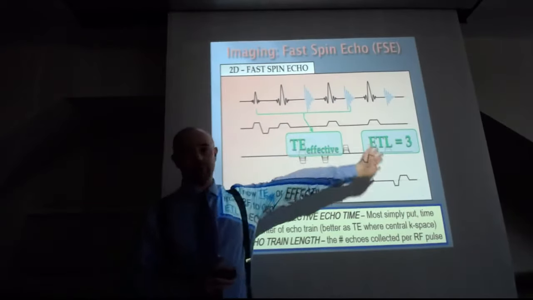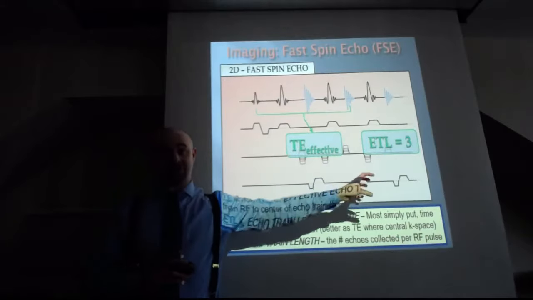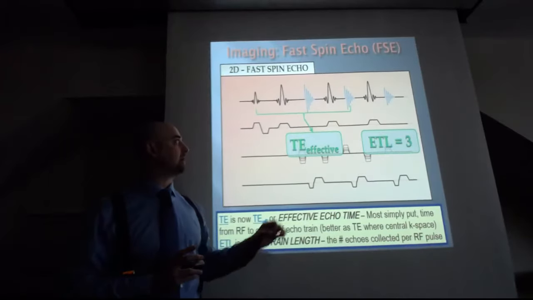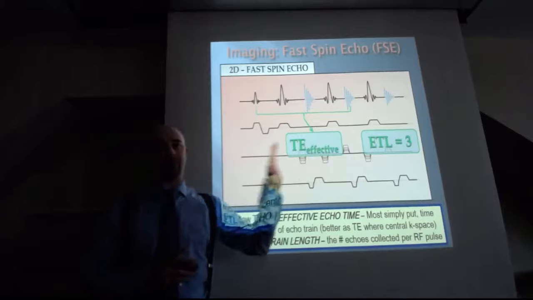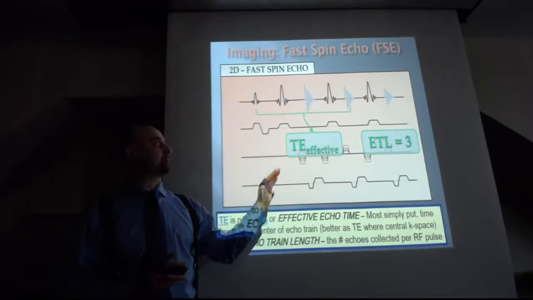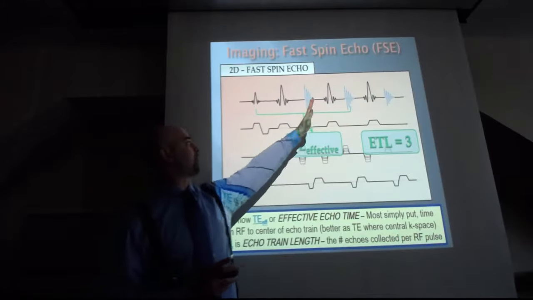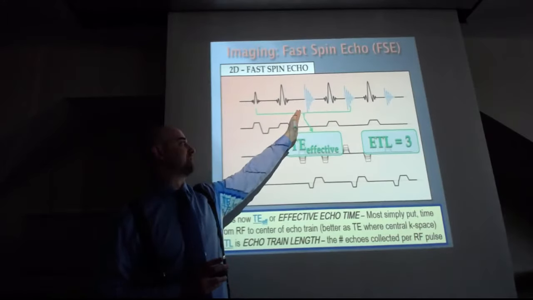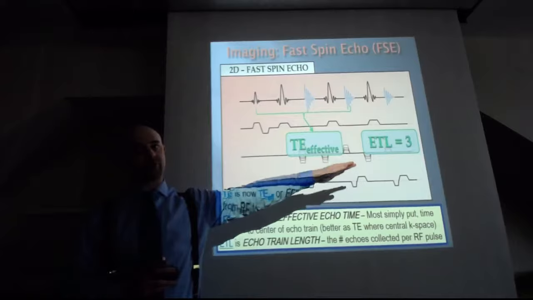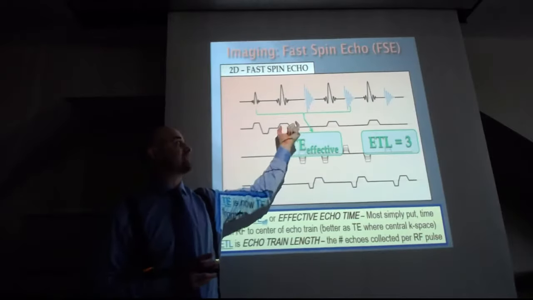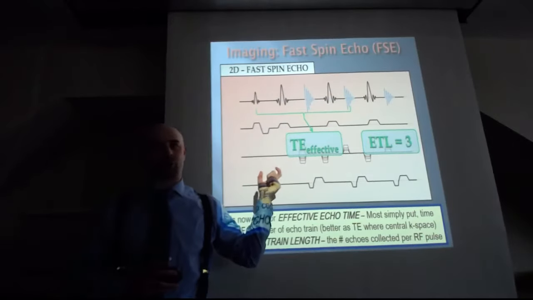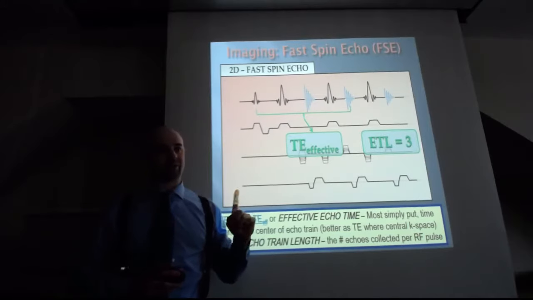You're still going to be losing signal according to the T2 time constant. All right, so if you are reordering your k-space filling differently, then that can actually change your effective TE. So if you're, say, putting this first echo into the center of k-space, and these 2 are more peripheral echoes, that will bias your effective TE towards a shorter time. That's a very complex thought.